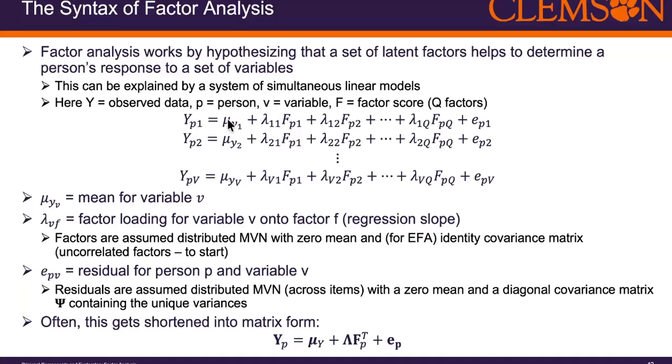Here, mu is the item intercept, lambda is the factor loading, and because exploratory factor analysis started with using principal components analysis, you'll see that this is often expressed by a series of factors up to q of these, where q could be the number of one factor per variable.